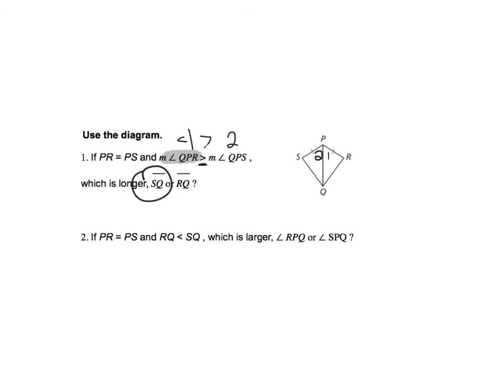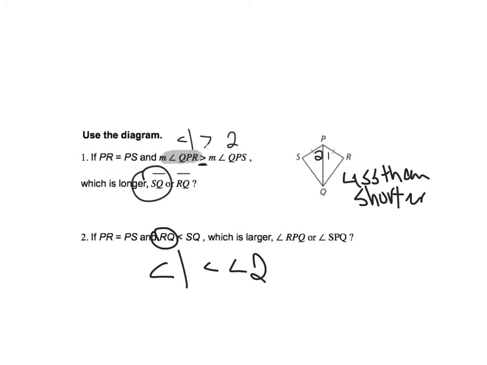It says RQ is less than SQ, which means it's going to be shorter than SQ. So that means that angle 1 is going to be less than angle 2 because the side opposite of it is less than the side opposite of angle 2. We could also say that angle 2 is greater than angle 1.